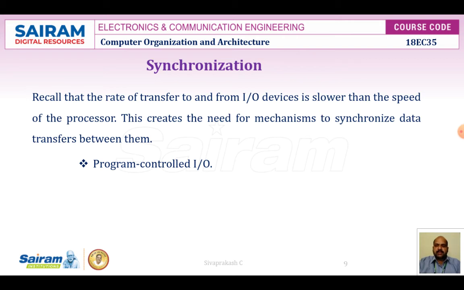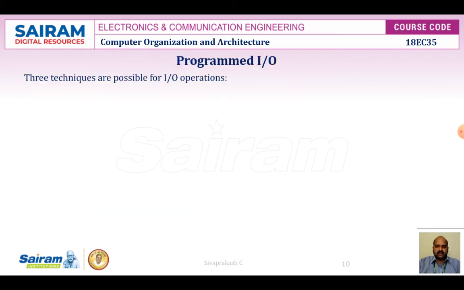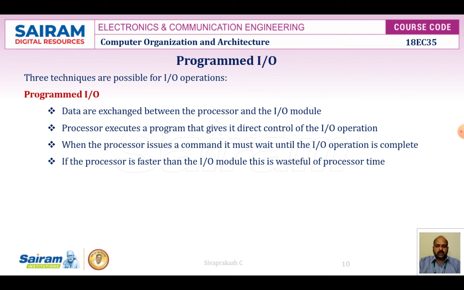The synchronization can be done in three ways: program controlled IO, interrupts, and direct memory access. What actually is it going to do? The three techniques possible over there: the first is called programmed IO. Data are exchanged between the processor and the IO module.